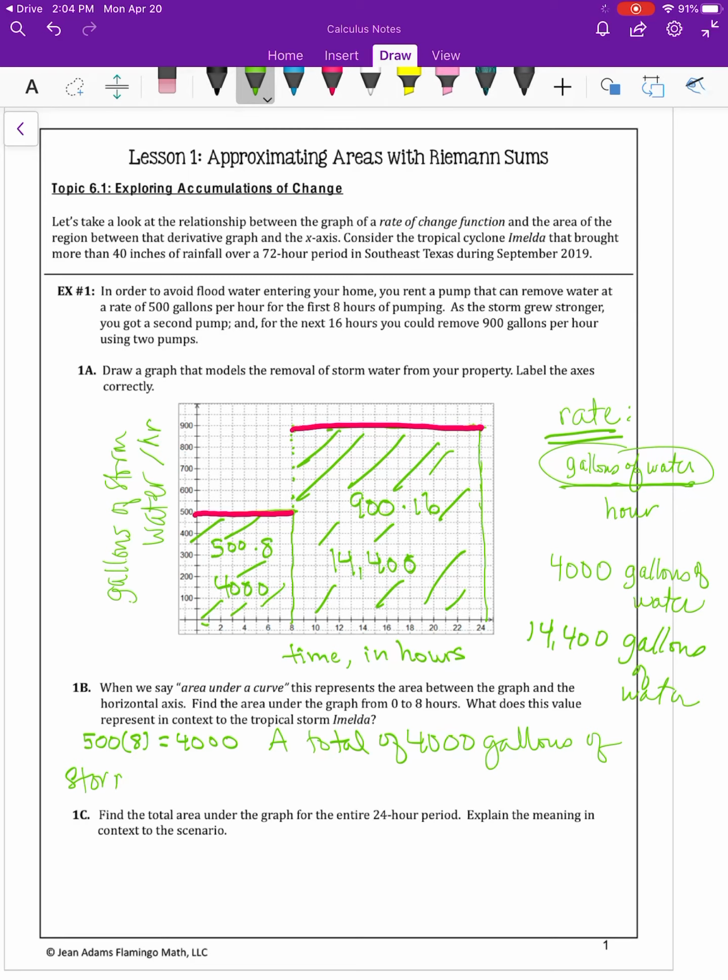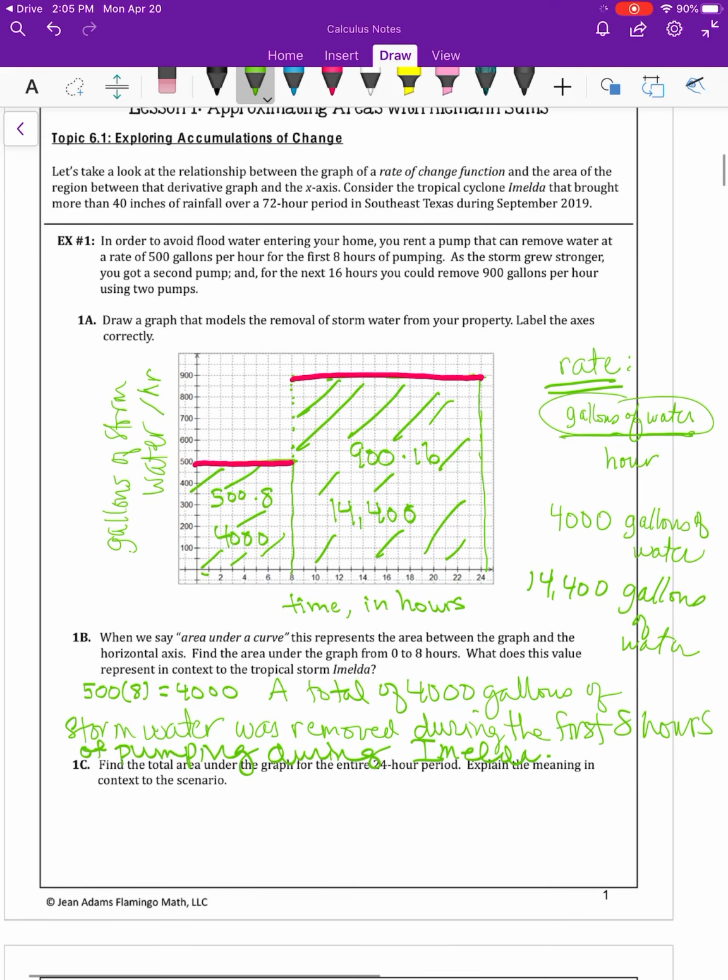So since we found 500 times 8 was 4,000, we said a total of 4,000 gallons of stormwater was removed during the first 8 hours of pumping during Imelda.